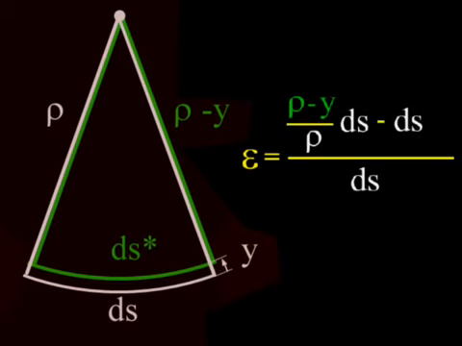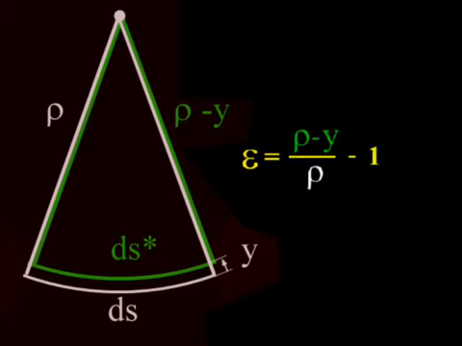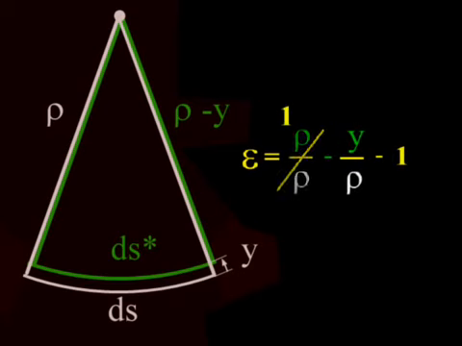Divide through by ds, simplify, expand the first term on the right side into two fractions, simplify again, cancel the two 1's with each other, and we are left with epsilon equals minus y over ρ.